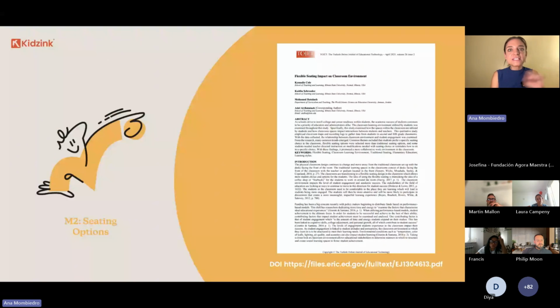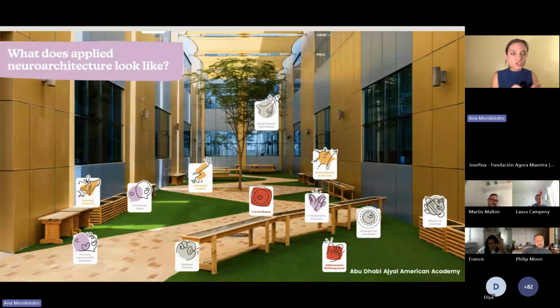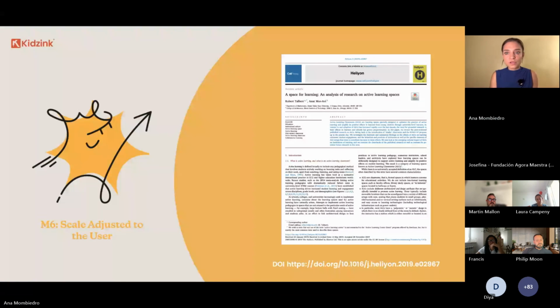Another quality factor, seating options. This is very interesting because having different seating options in a classroom environment has positive impact in performance as well. So we make sure that children can choose where to sit, okay, depending on where they are. And then together with this, we have scale adjusted to the user.